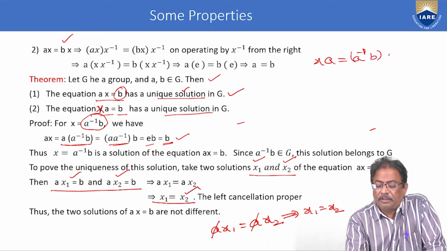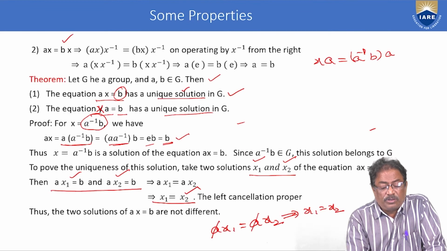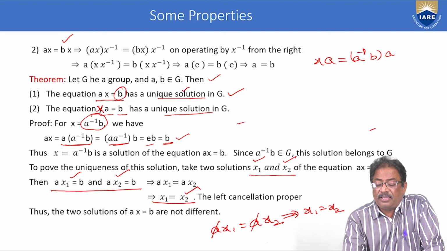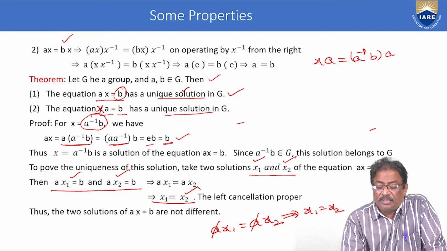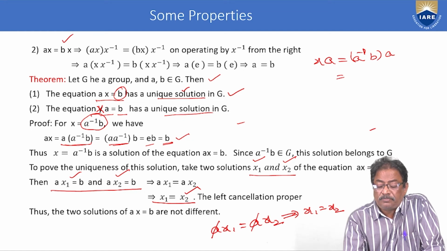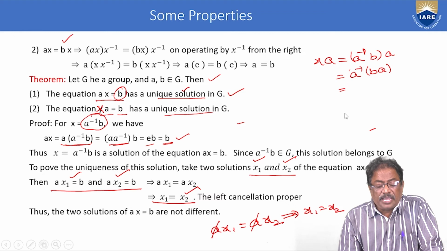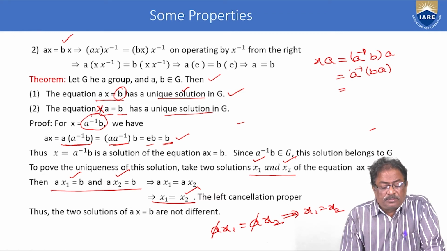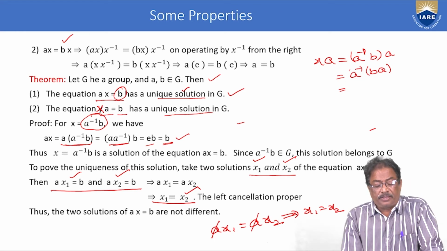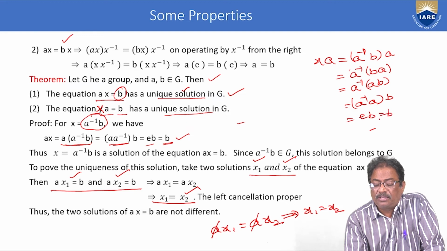So xa is equal to (b a inverse) a, and applying associativity, b (a inverse a), which is equal to be, so it is b. In that way we are going to prove this.